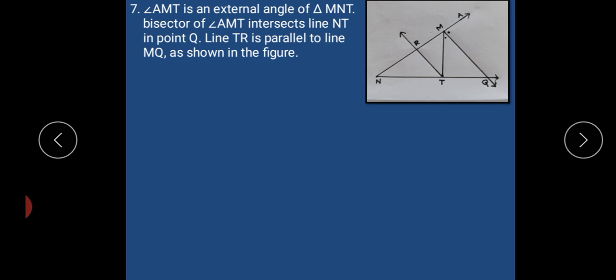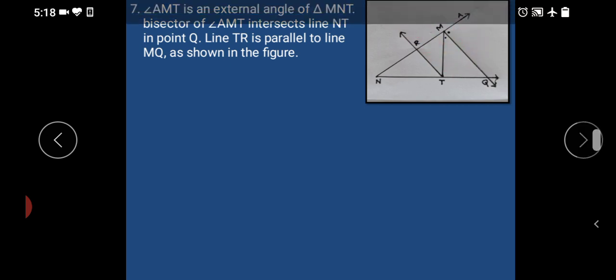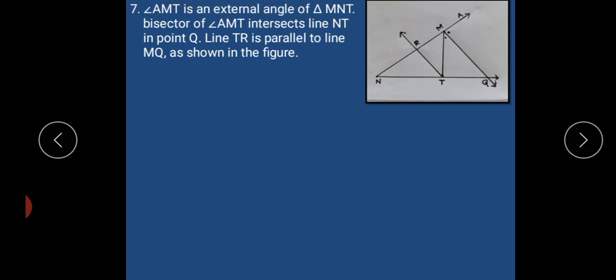Line TR is parallel to MQ, as shown in the figure.